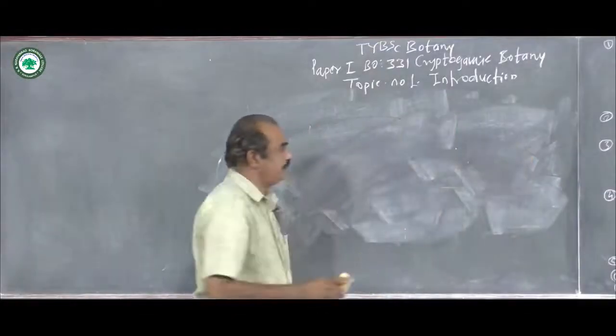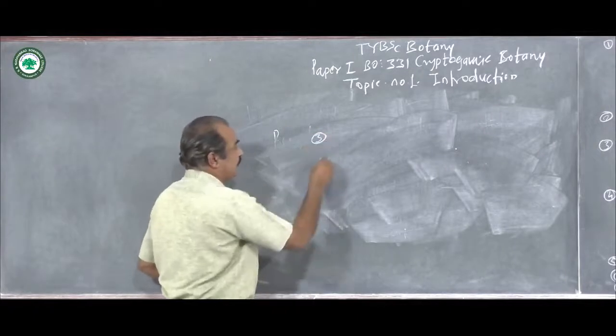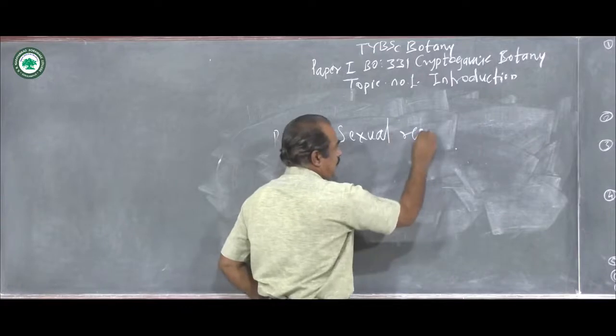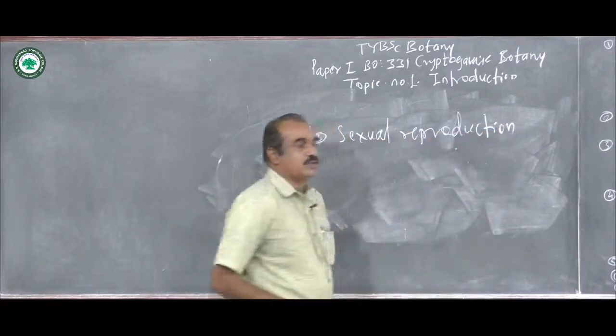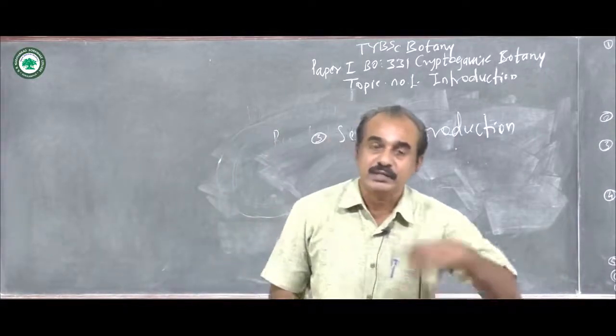Now the third part, that is the sexual reproduction. The third type of reproduction is the sexual reproduction. Now in the sori, there are a number of spores. They germinate into another type of generation.